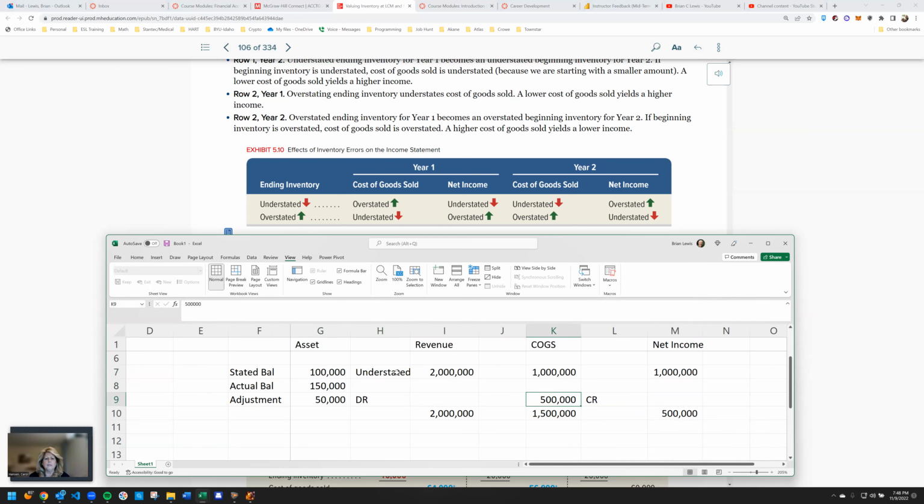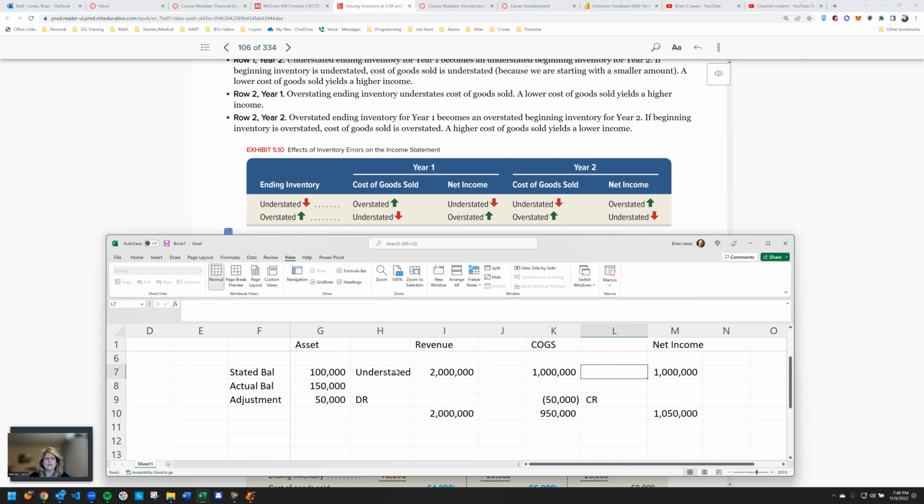But that's going to be a negative 50,000, just to make sure our math is all right. Did I do that right? Credit, debit brings the amount down.